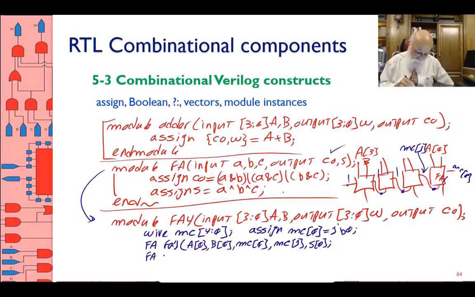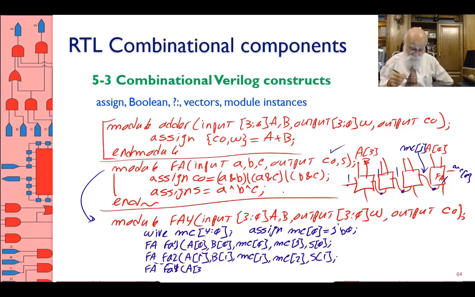Then I have FA2, that takes A1, B1, MC1, MC2, and then S1. The last one, FA, I'm skipping 3, FA3, A3, no, the last one would be 4. FA3, I'm skipping.